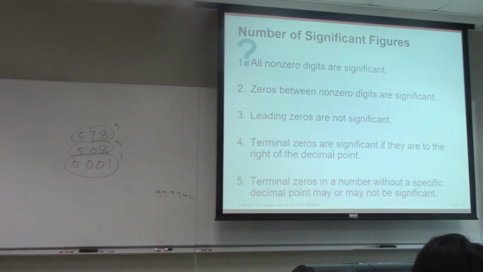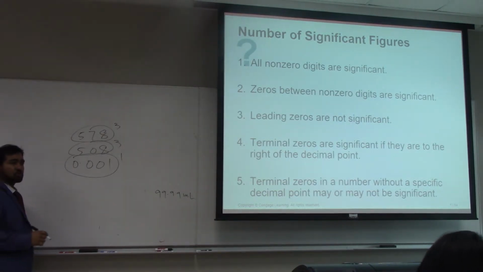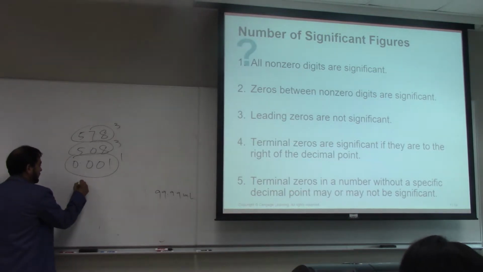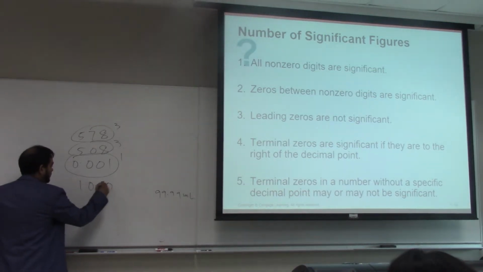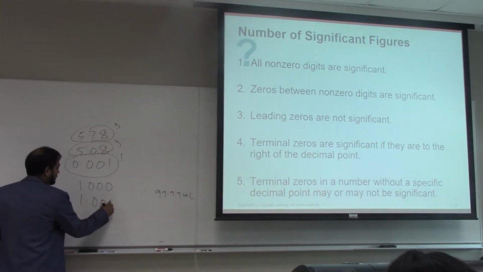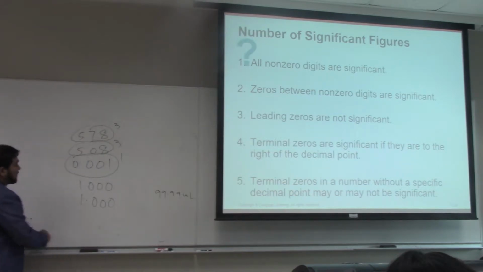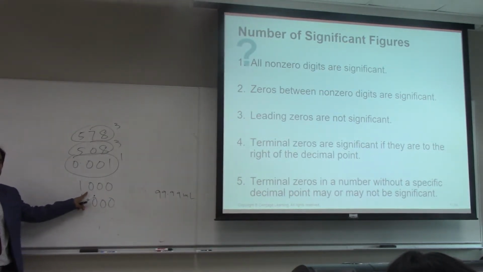And what is the fourth rule? Terminal zeros are significant to the right of the decimal. Very important rules that you need to know very clearly. Let me give an example. If you have 1000, my question is, does it have any decimal?